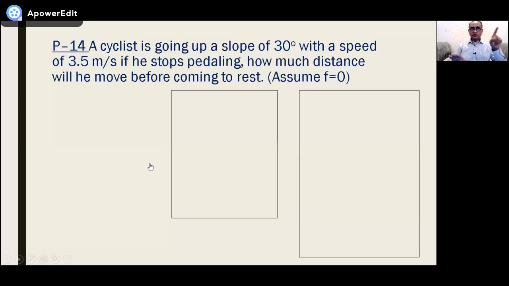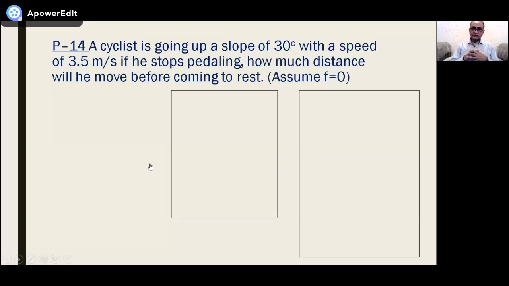So what is the question over here? How much distance has he covered before he comes to rest? So what is the scenario? A cyclist is going up, and the angle of inclination is 30 degrees.